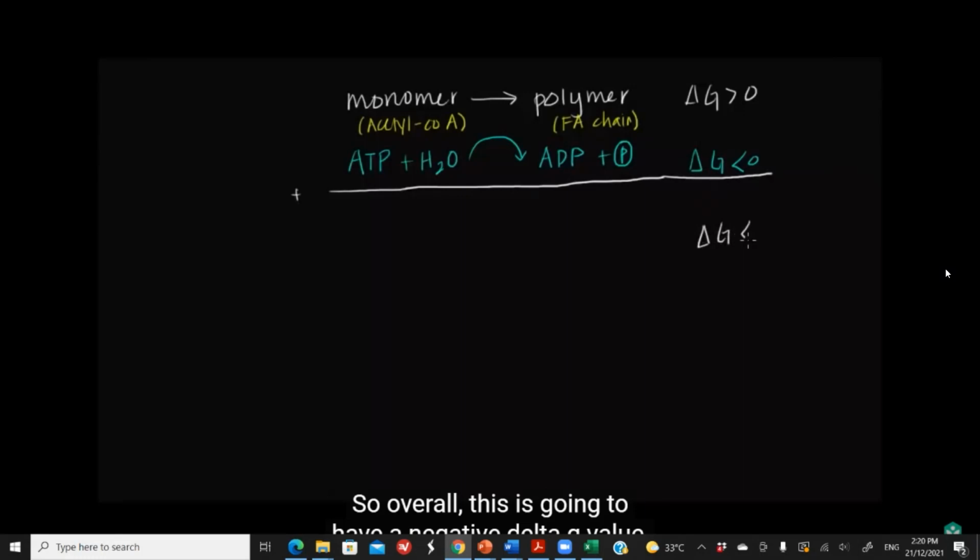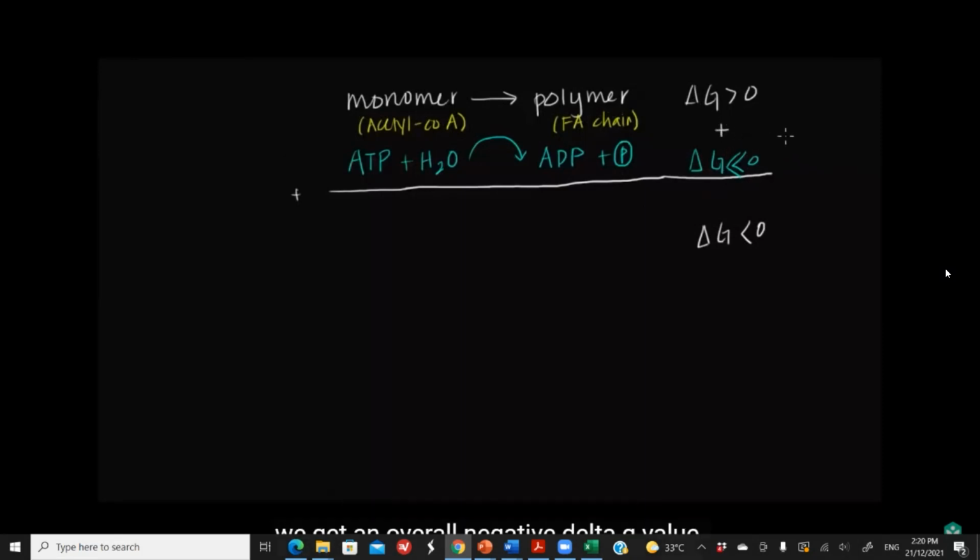So overall, this is going to have a negative delta G value, which tells you that the hydrolysis of ATP is much more negative than this polymerization reaction is positive. So, of course, if we add these two delta G values together, we get an overall negative delta G value.